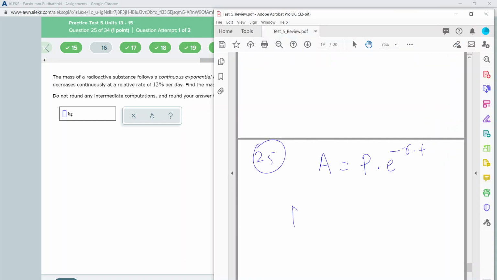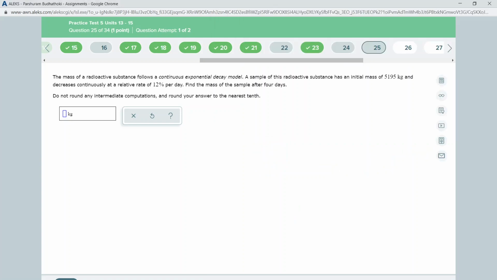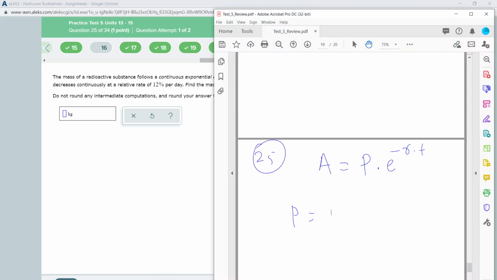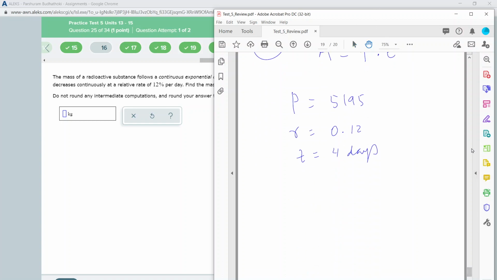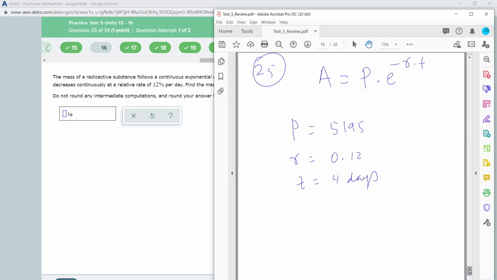At the beginning we have 5,195 kg, the rate is 0.12 and time is 4 days. This rate is per day, that's why we can calculate this for the 4 days.